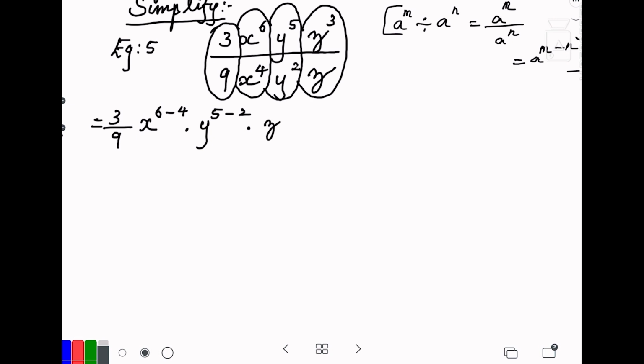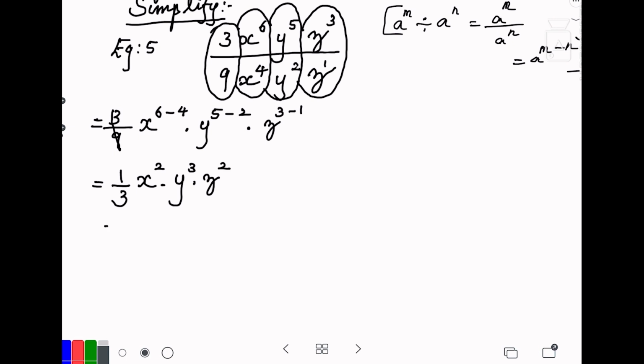Then z to the power of 3. I told you when you don't have any power, it is called as 1. So now this 3 by 9 could be simplified and written as 1 by 3, x to the power of 6 minus 4 is going to be 2, times y to the power of 5 minus 2 is 3, times z to the power of 3 minus 1 is 2.